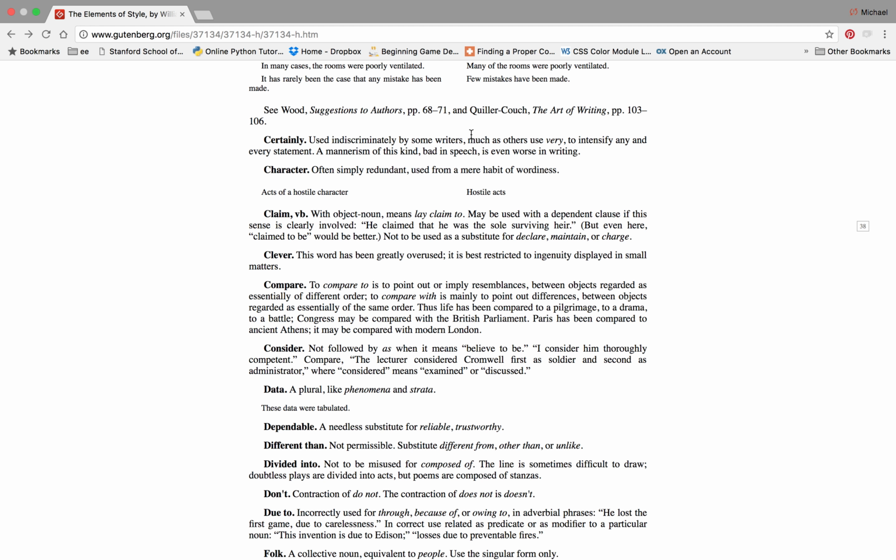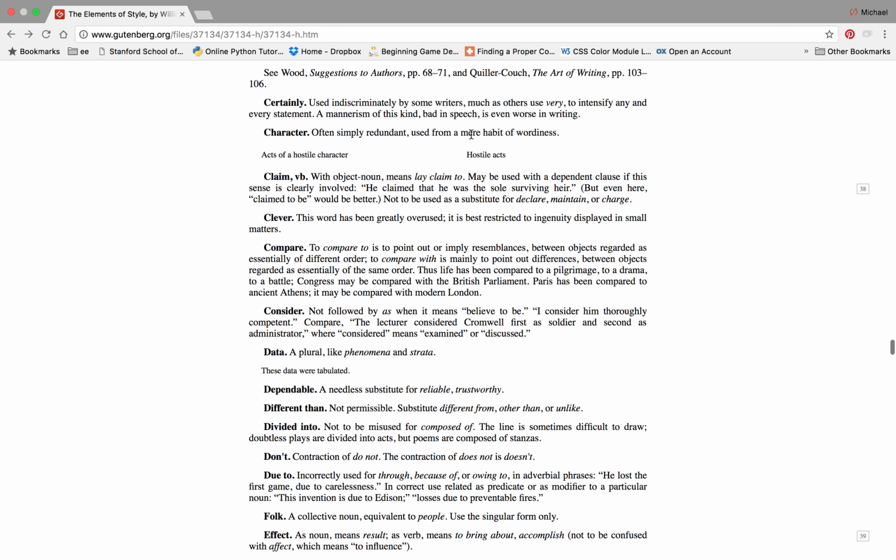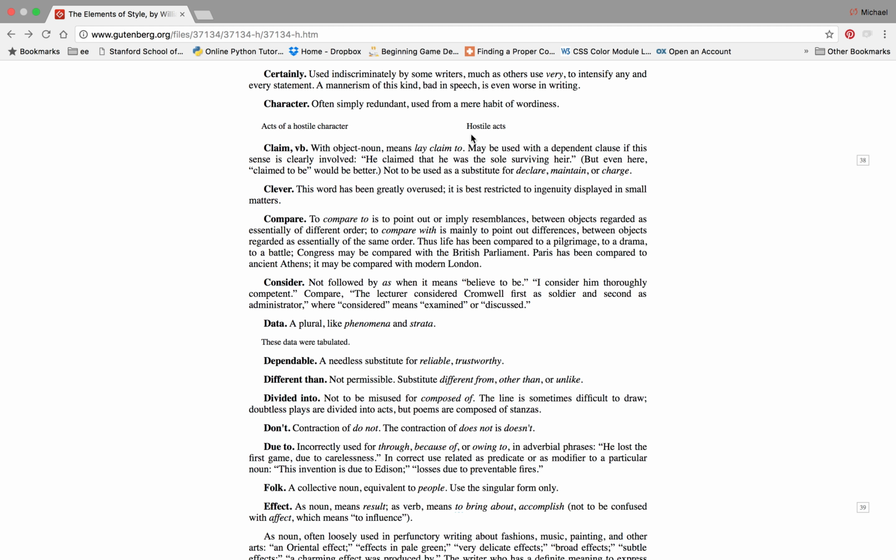And in the case of the word case, with regards to the word case, generally you don't need that word. It's certainly used indiscriminately by some writers, much as others use very to intensify any and every statement, and a mannerism of this kind, bad in speech, is even worse in writing. So I definitely like intensifying words, and I like using fun adverbs and adjectives, and I like using colorful words just in my speech.